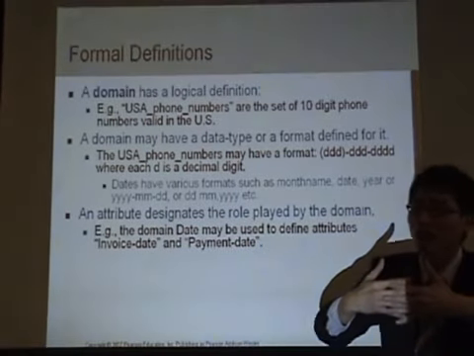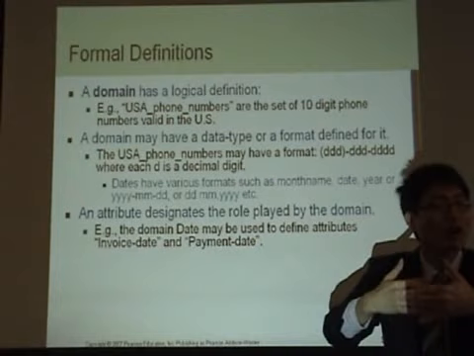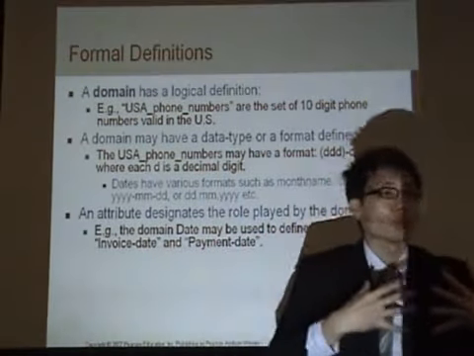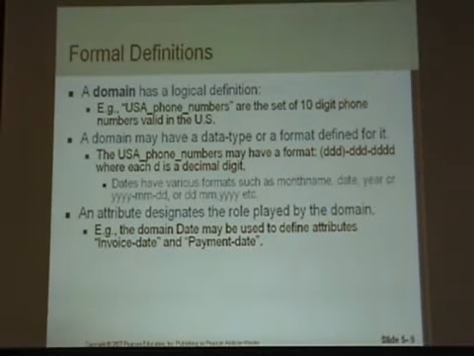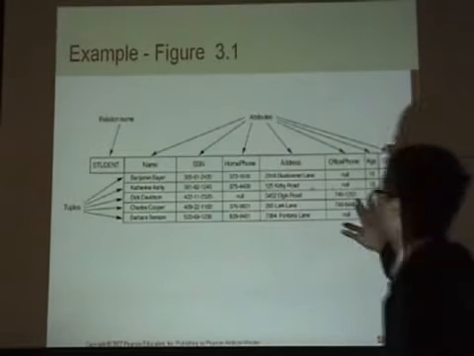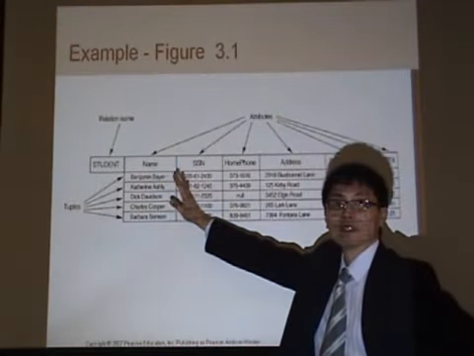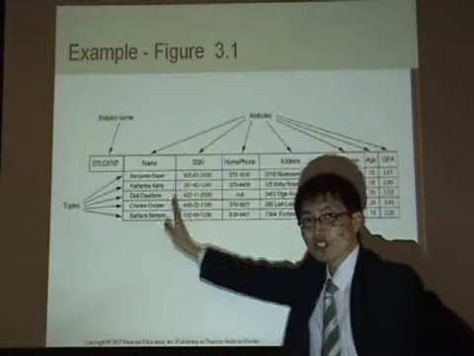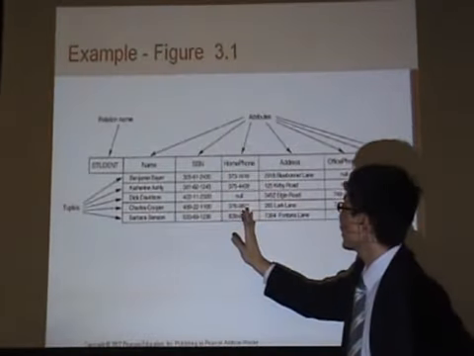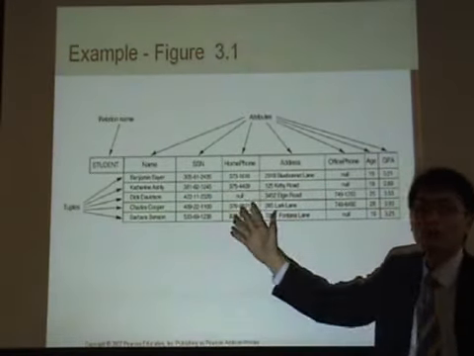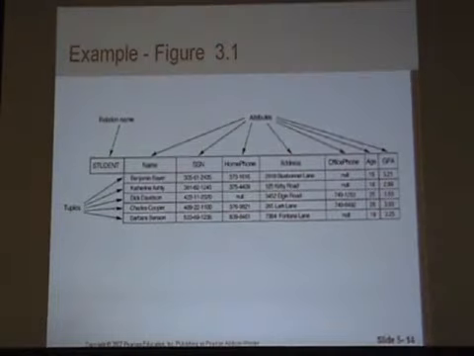Even though that's too hard to implement in computers, eventually later we use the data type. Otherwise, for example, we may have many different values for this. So this is the name, this is a social security number with a very strict rule, and home phone number, for example, a 7-digit number.